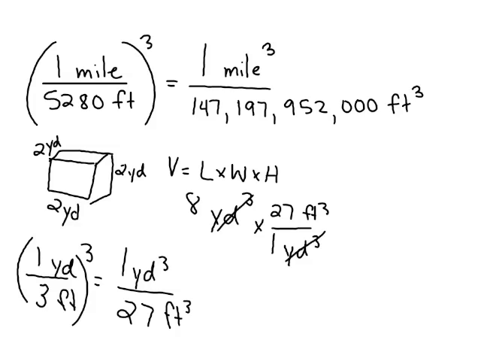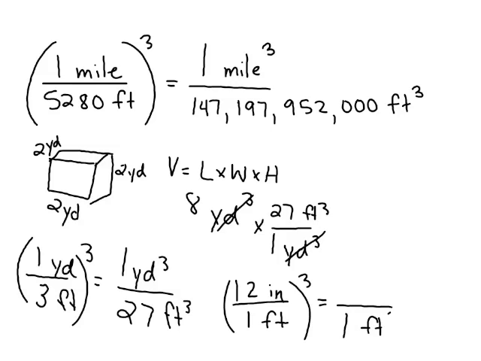So now I need to do it again. What's the feet to inches ratio? 12 to 1. Then I cube that. So 12 cubed. Grab your calculator. 1728. 1728 cubic inches in 1 cubic foot.